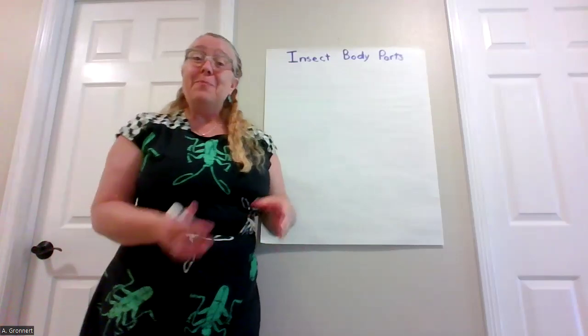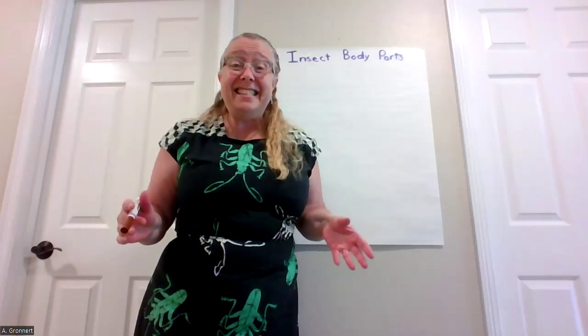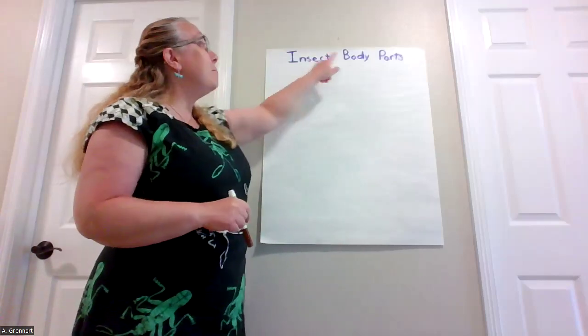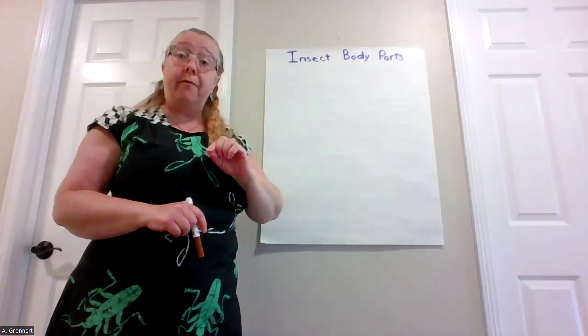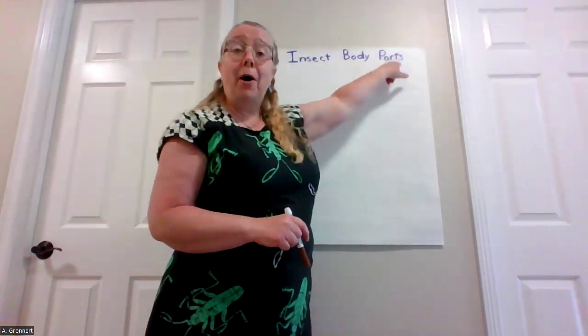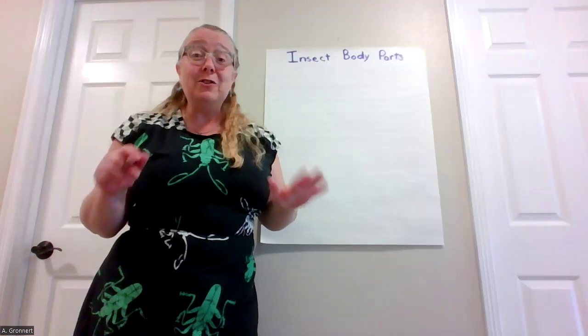So here we go. Today we are going to learn all about insect body parts. That's right, insect body parts. And I'd like for all of you to label the top of your page with these words: insect body parts, just like I did. Okay, now get your pencils ready.